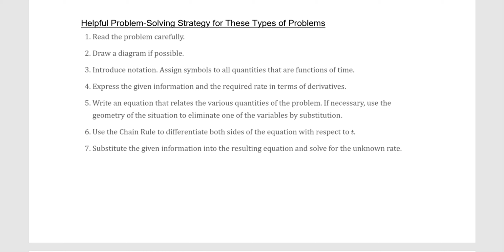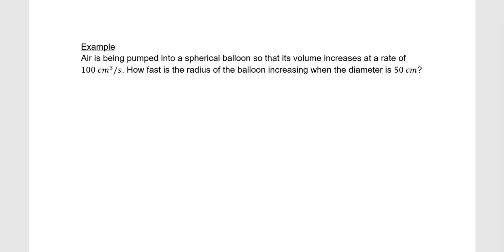Typically it's not going to be given to you, so you might have to look it up, or hopefully you have the equation memorized. Then you're going to differentiate both sides of the equation with respect to t using the chain rule, then substitute the given information into the resulting equation and solve for the unknown rate. So let's get an idea here with several examples.